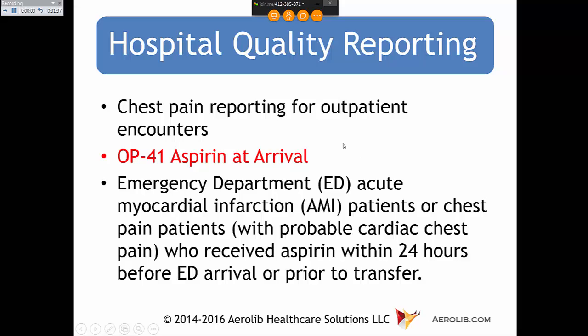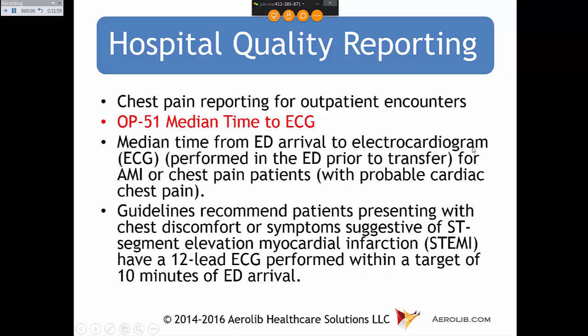So hospital quality reporting is very important for hospital payments. A lot of penalties are coming in for this. For reporting on outpatient encounters, the chest pain measure is aspirin on arrival. So ER departments are held to a standard for someone coming in with chest pain: how soon can they give an aspirin? Was it given? Another metric they look at is median time to EKG.